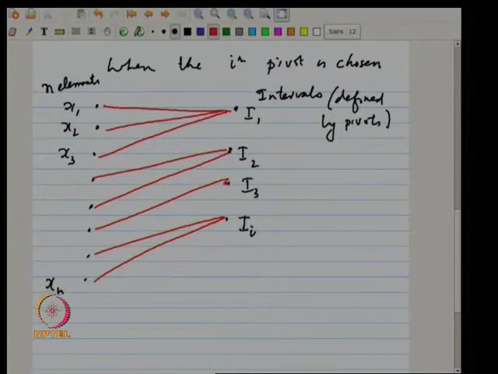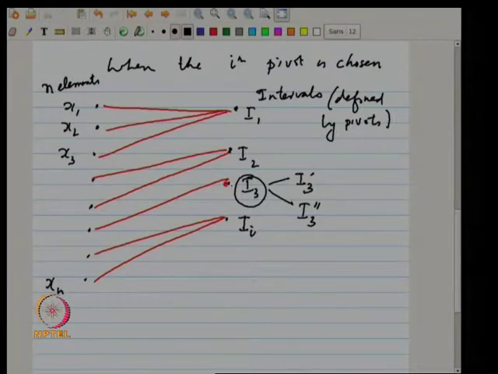So, I3 is now I3 prime and I3 double prime. So, this interval disappears. This graph gets modified when we choose the ith pivot.